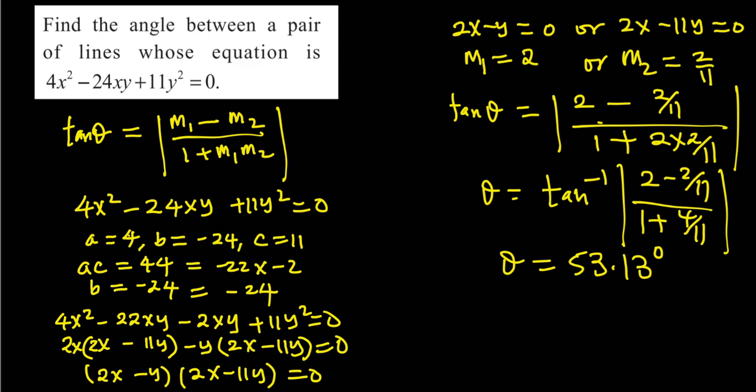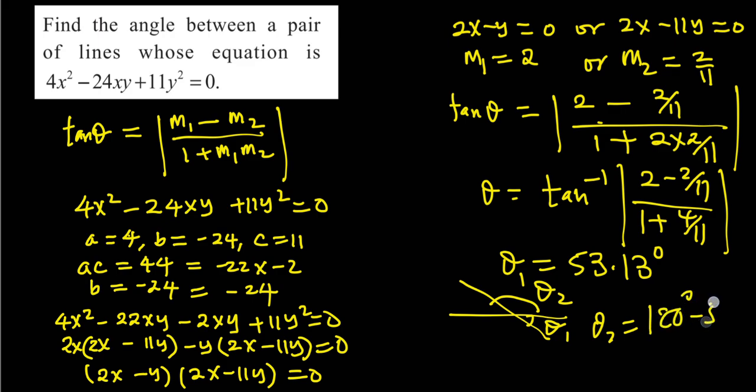We may be interested to find the obtuse angle, because we know that if you have two lines intersecting, you may have the first angle here and another angle here. So we expect to have two angles. So we may say theta 1 is 53.13, and theta 2, let's call this theta 1, theta 2, because they complete 180 degrees, so we take 180 degrees minus 53.13.